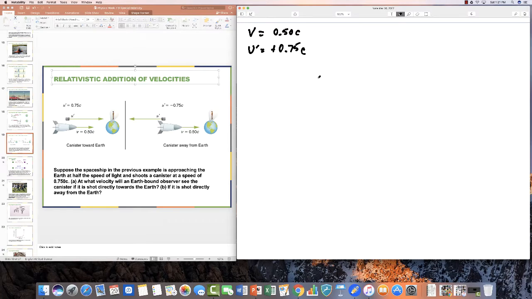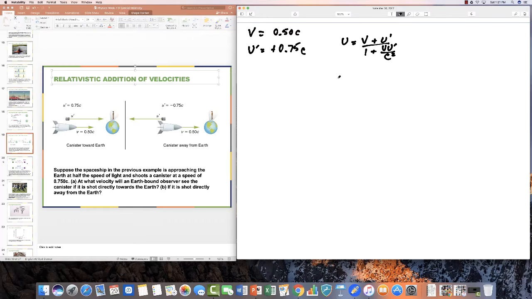So u is equal to v plus u prime, and now the correction factor is like this: 1 plus v u prime over c squared.